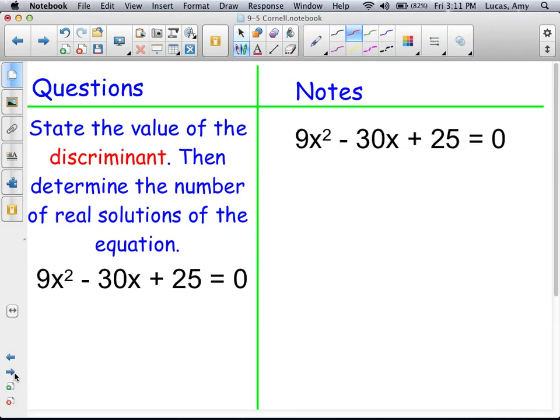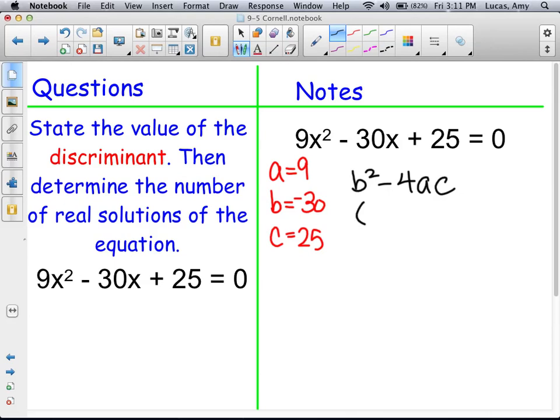Example number 3. A is 9, B is negative 30, and C is 25. Plug them into the discriminant. B squared minus 4ac. Negative 30 squared minus 4 times 9 times 25.